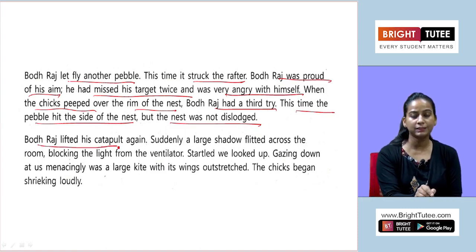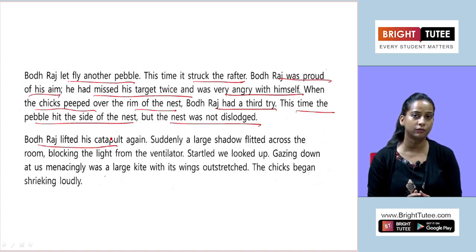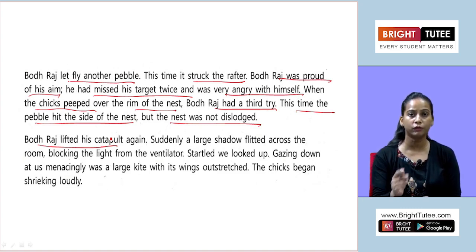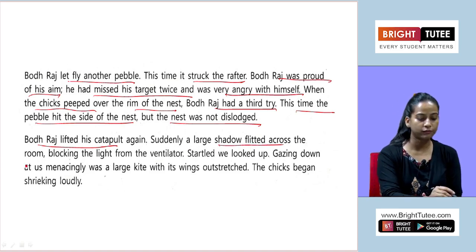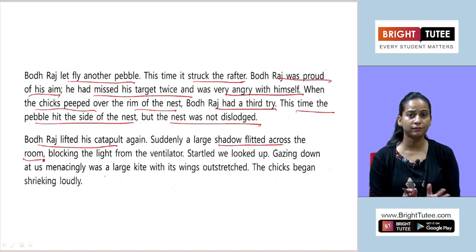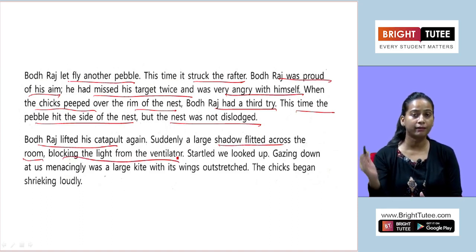Bodhraj lifted his catapult again and again, because some sort of frustration and anger was there in him; although he was near to his aim, he was not able to hit it exactly. Suddenly a large shadow flitted across the room. They noticed something blocking the light entering from the ventilator window.